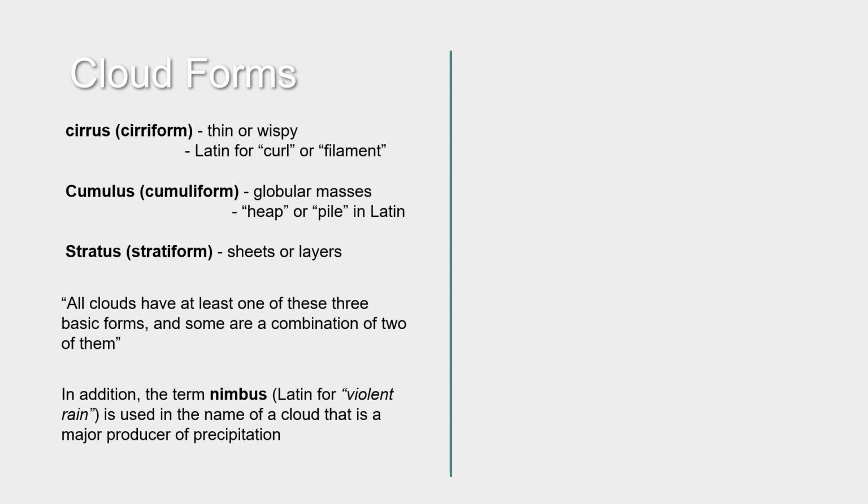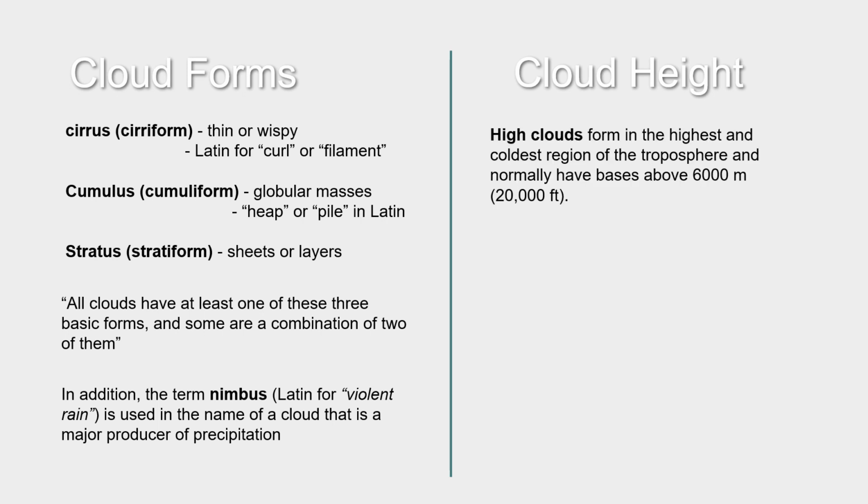The second criterion for classifying clouds is height. Aside from form, the second one is height, and it recognizes three levels. First are the high clouds. These form in the highest and coldest region of the troposphere and normally have bases above 6,000 meters or 20,000 feet.